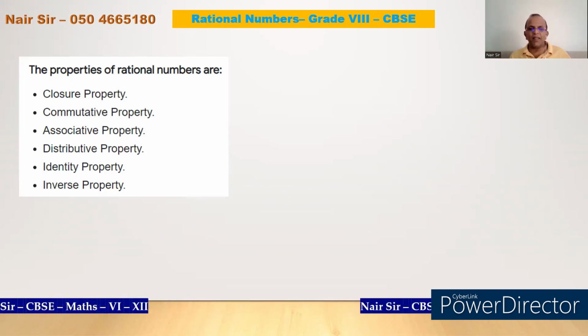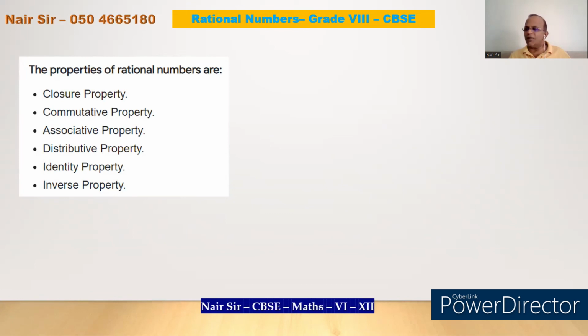Example. Suppose I have the rational number 1 upon 2 plus 1 upon 3. I'm going to get this answer as 5 by 6. And what is 5 by 6? 5 by 6 is a rational number.